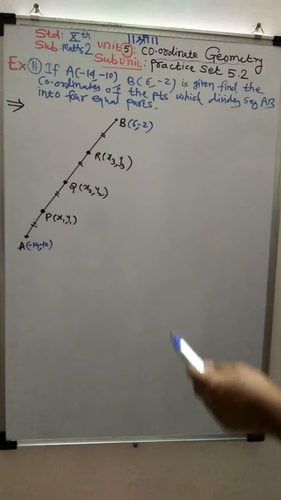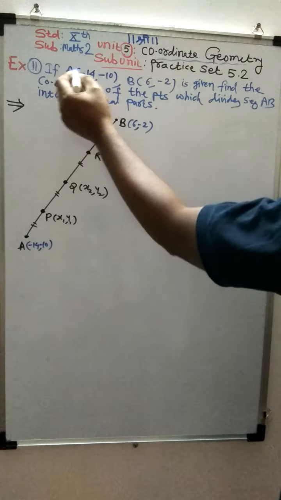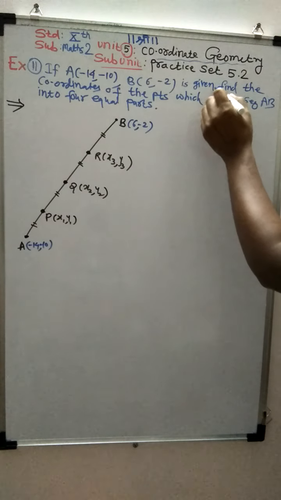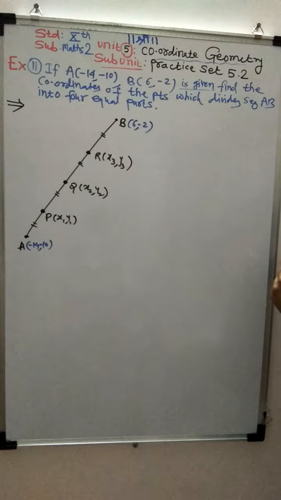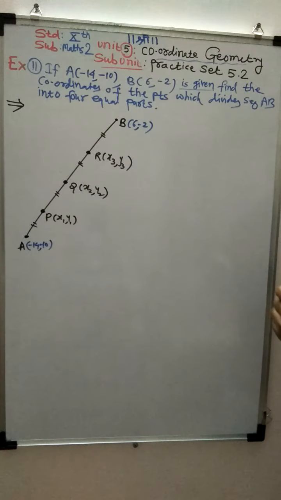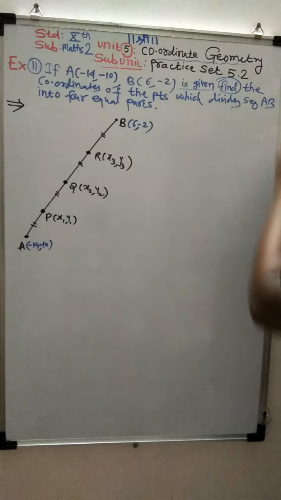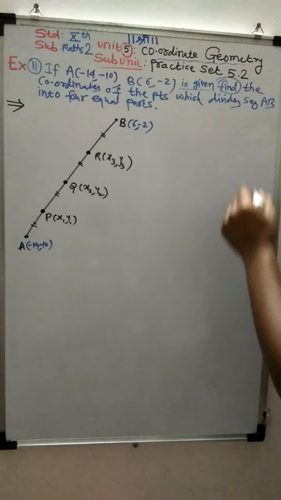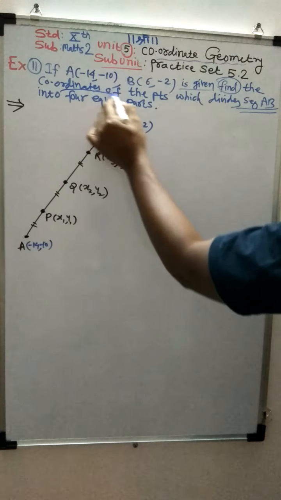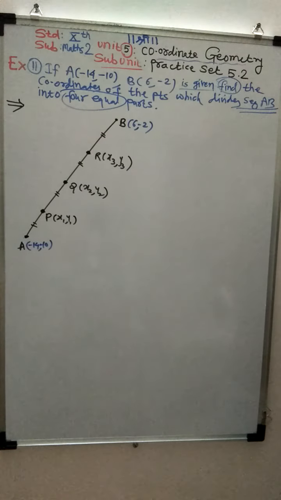Example number 11. If A(-14, -10) and B(6, -2) are given, meaning the coordinates of points A and B, segment AB, are given, find the coordinates of the points which divide segment AB into 4 equal parts.